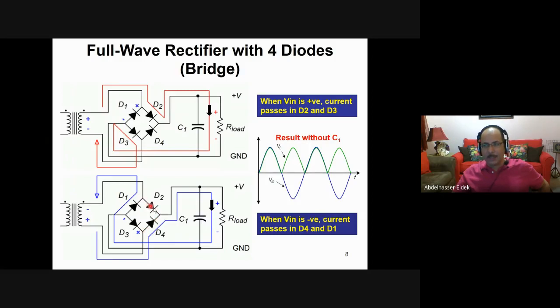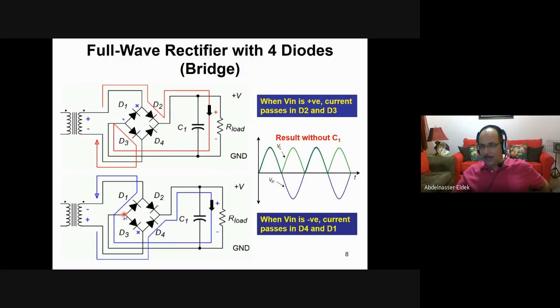And this one is open circuit also because it will be reverse bias. Then the current will move through D4 and continue like this, and then go through the resistor, you see the same direction. Then it will charge the capacitor again and go through RL again.